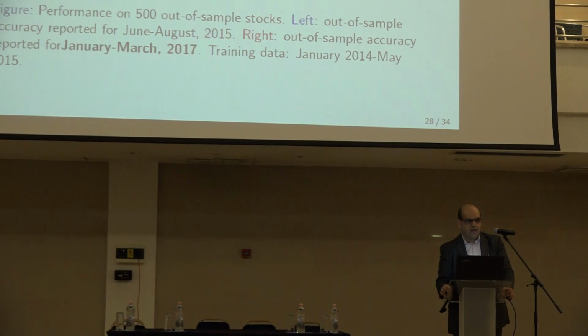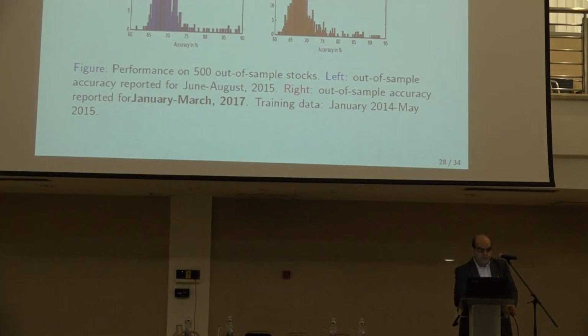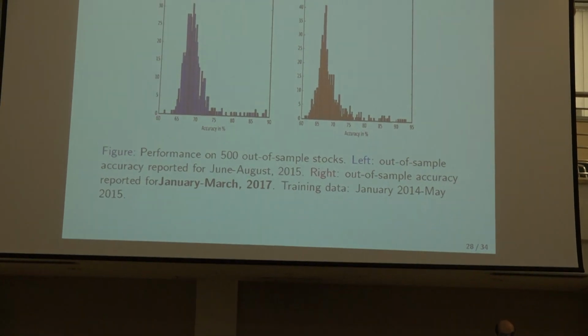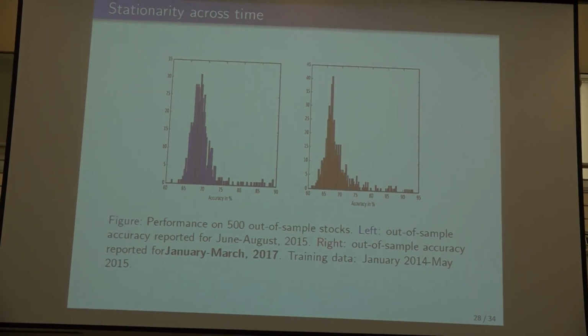Okay, now, the next question is stationarity in time. This is very important because everybody we talk to, and in the industry in particular, thinks that there is non-stationarity. Therefore, you should never use data from more than a month ago or so, because it's not relevant for forecasting. Now, the data may be non-stationary, and probably it is. The inputs may be non-stationary, the price behavior may be non-stationary, but that does not mean that the correspondence between the order flow and the price change is changing with time.